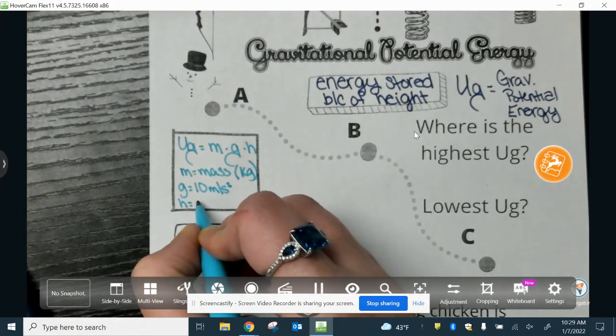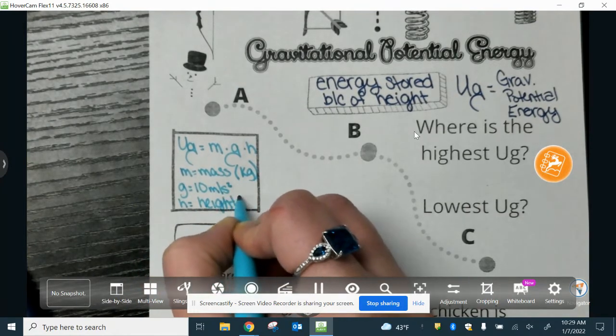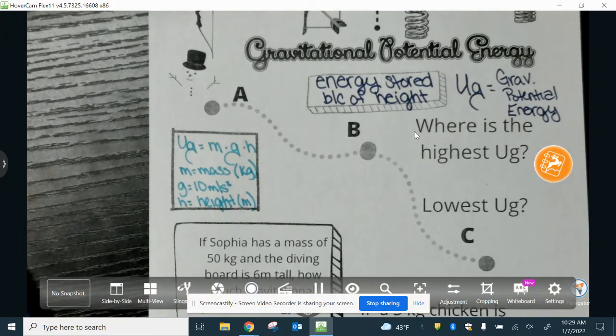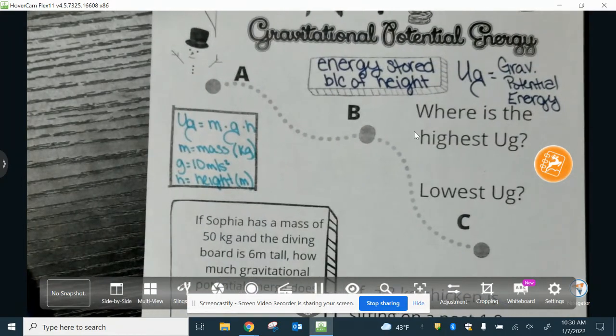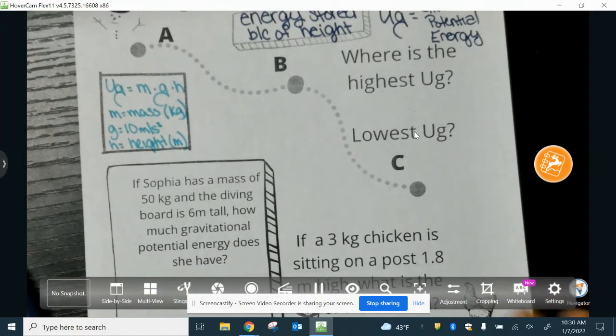And your height is h, and it's measured in meters. Any questions so far?